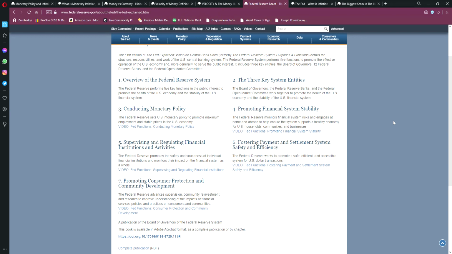The Federal Reserve promotes the safety and soundness of individual financial institutions and monitors their impact on the financial system as a whole. 6. Fostering payment and settlement system safety and efficiency. The Federal Reserve works to promote a safe, efficient, and accessible system for U.S. dollar transactions. 7. Promoting consumer protection and community development. The Federal Reserve advances supervision, community reinvestment, and research to improve understanding of the impacts of financial services, policies, and practices on consumers and communities.